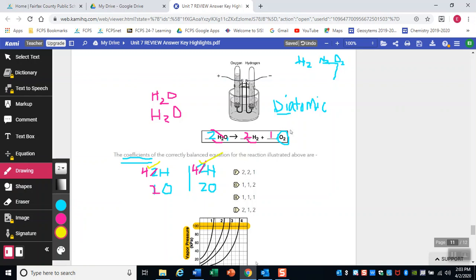Here I have 2 times 1 is 2. And then here I have 1 times 2 is 2. All right, so that would be balanced. So the coefficients are listed here. It would be 2, 2, and 1. So this is the best answer.